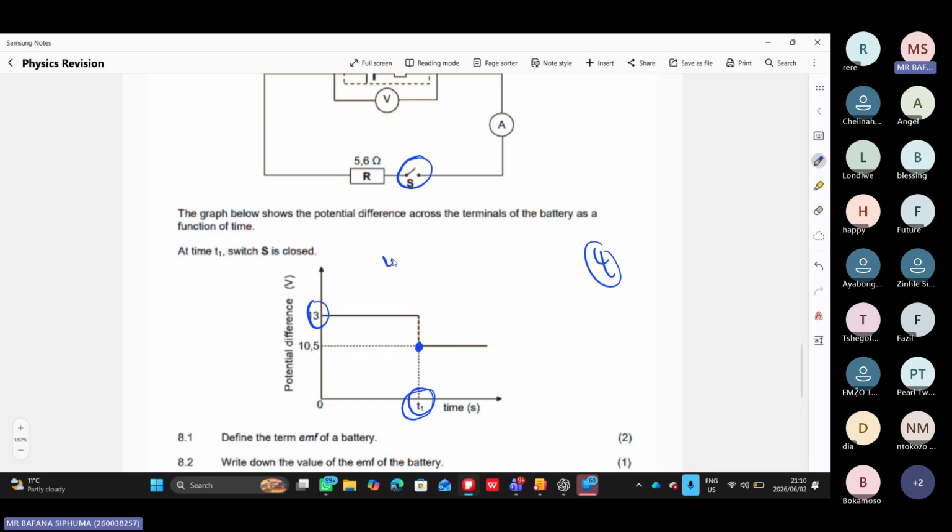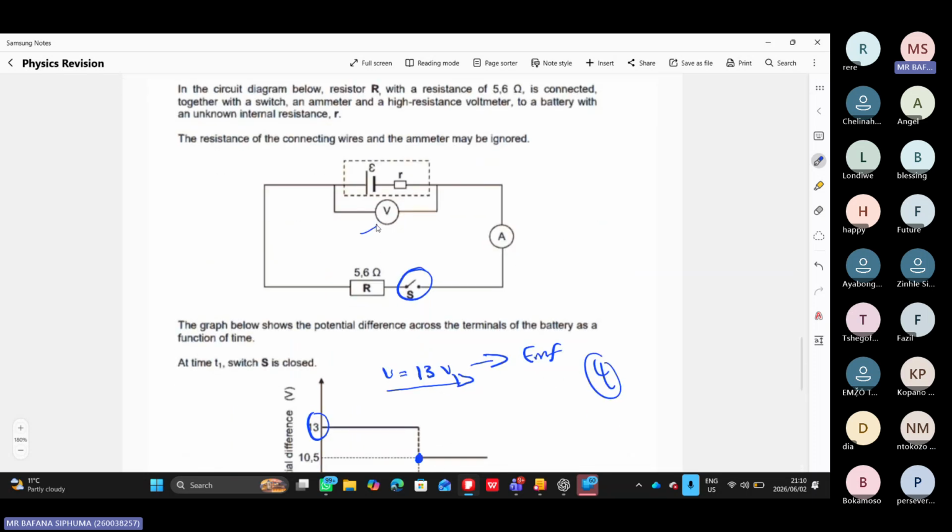We had 13 V. When the switch is open, this is my EMF, because the voltmeter was reading an EMF.